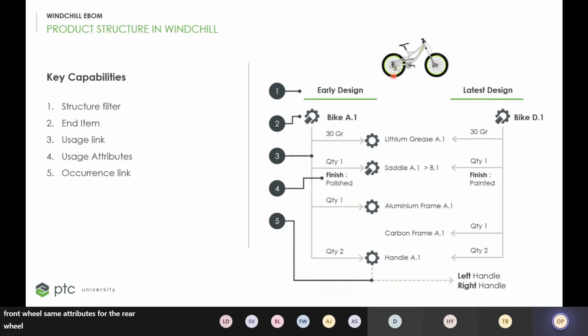But if in your structure you need to know which one is the front wheel and which one is the rear wheel, you can simply define occurrences. Under the reference designator, you can type front for this one, rear for the other quantity. This is just an example. The example over here with the handle is the same way. The handle has a quantity of 2. Which one is the left? Which one is the right?